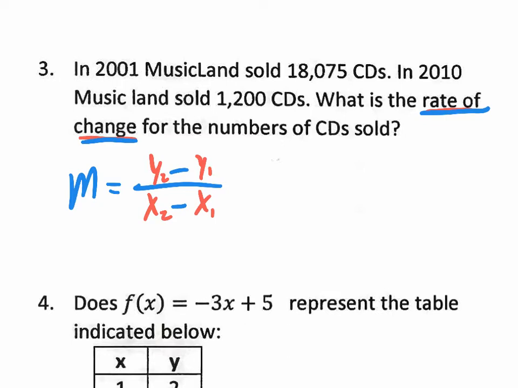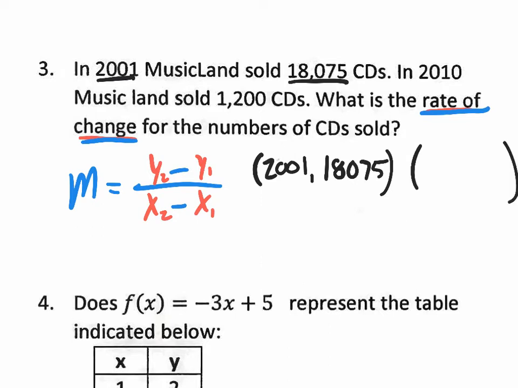What do I mean by that? Well, in 2001, that's like an input. The output is how many CDs they sold. So that's one coordinate, 2001 and 18,075. And another coordinate is 2010 and 1,200 CDs were sold in 2010.